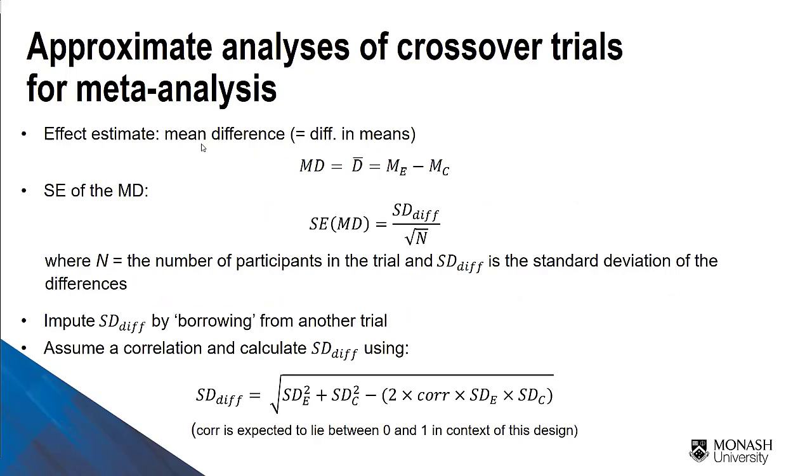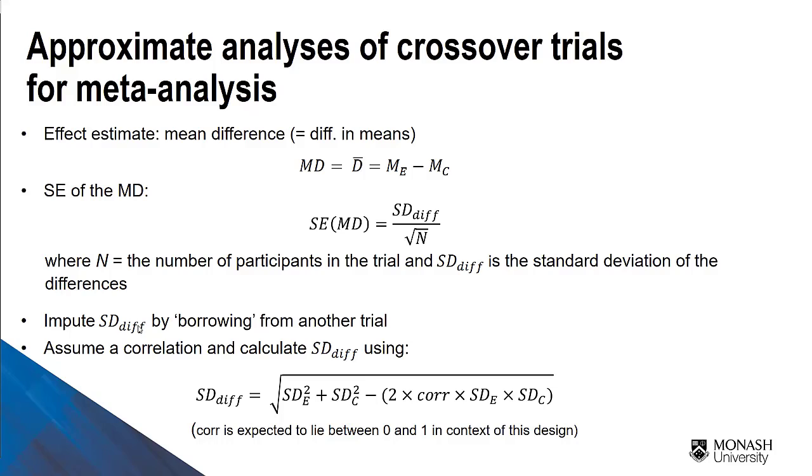So our effect estimate, we can just calculate as the mean difference, or the difference in means equivalently. This is just the mean in the experimental group minus the mean in the control group. And the standard error of the mean difference is calculated as the standard deviation of the differences divided by the square root of n, where n is the number of participants in the trial.